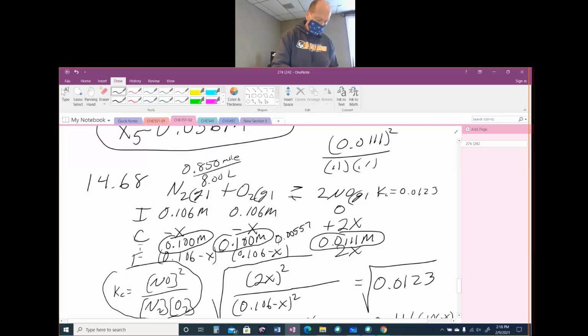So if I clear everything out and I put in the numbers for 3 sig figs, I'm going to be off by a little, no, or not. It's going to be exactly the same. All right, so when you do that, you get exactly 0.0123. So you can always check your answers. Many times it's not exactly the same to the last sig fig, but in this case, it was exactly the same to the last sig fig.